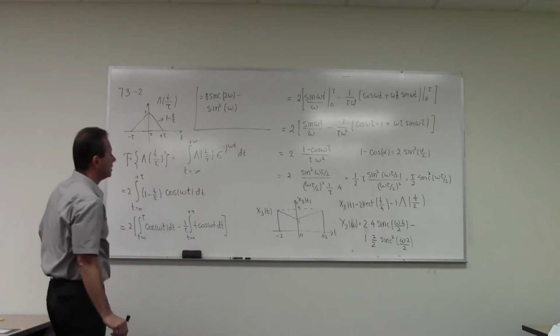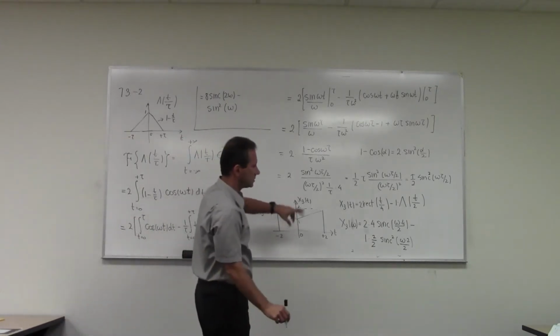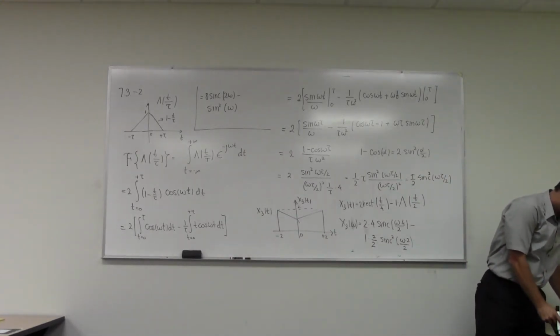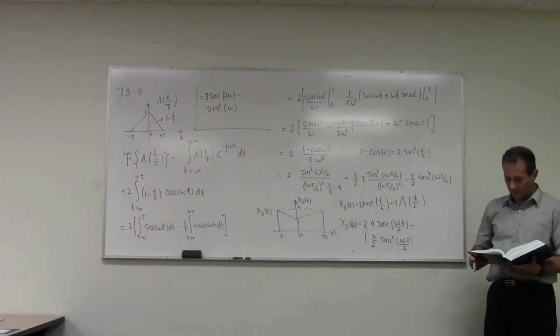And so that's how you would do all of these problems. The trick is to express the functions that are given here as a combination of triangular pulses and square pulses.